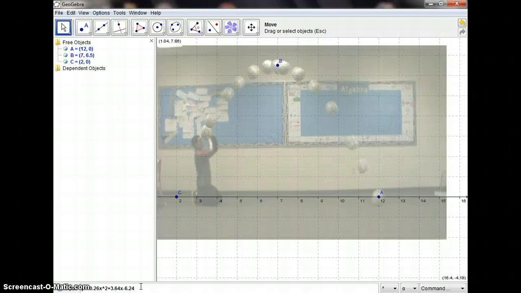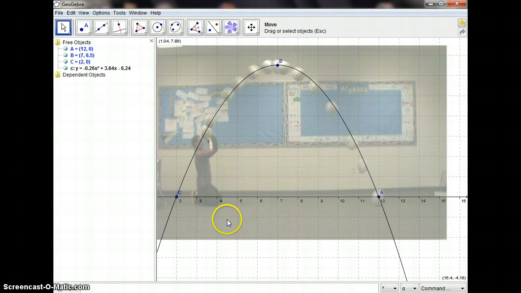And if I did that correctly, when I hit enter, this line will go directly through all 3 points. And it does. And this is your final parabola project.